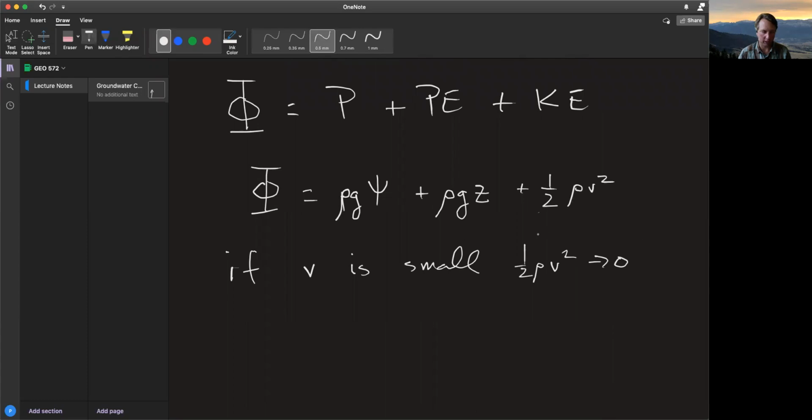And so we generally ignore it. All right, in which case we can write our total fluid potential now as rho g times psi plus z.